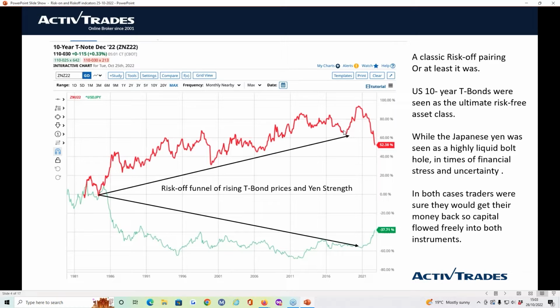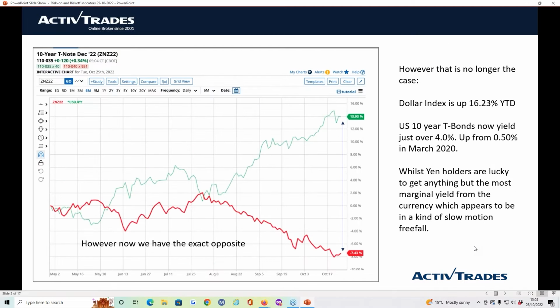And money went into these instruments when people were uncertain or unclear about what the future held. So markets were clearly seen to be risk off if we saw a strengthening yen and rising T-bond prices. However, that's no longer the case. In fact, the exact opposite is happening now.